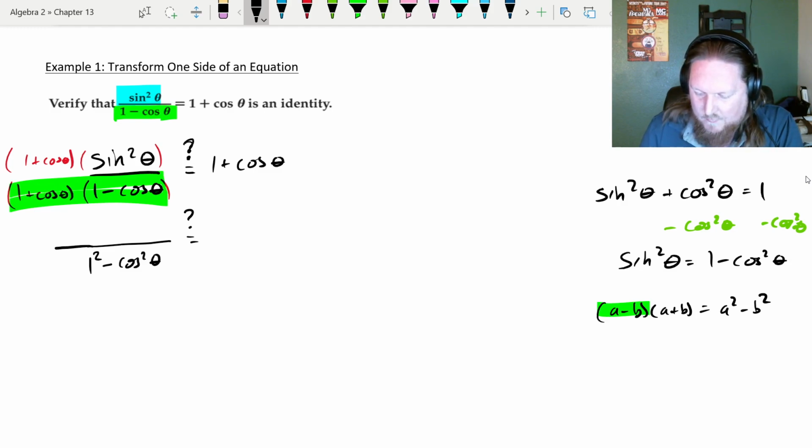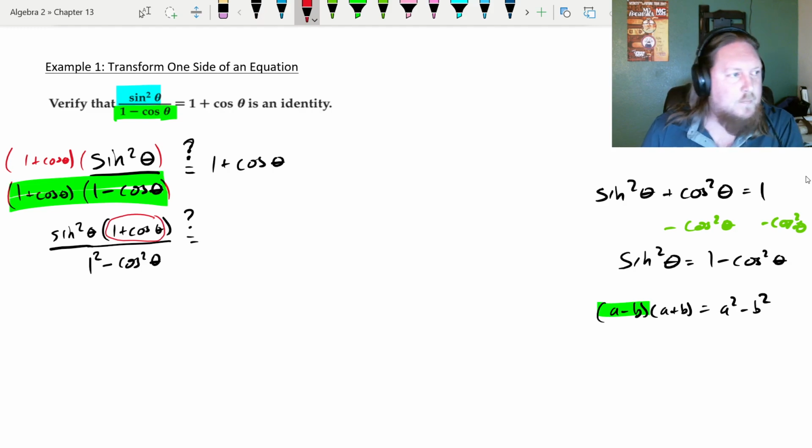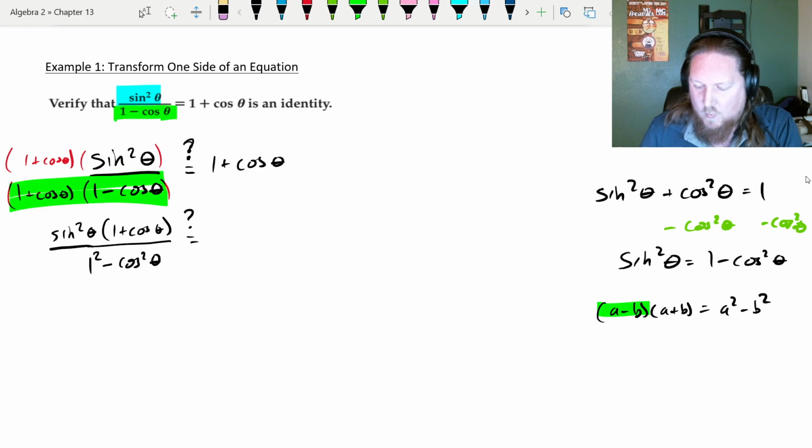I'm just going to leave that alone: sine squared theta times 1 plus cosine theta. And the reason why I want to leave it alone is that you see what you want as a result there. Since I see that pop out, I'm not going to multiply it back through, because that's what I want in my end. So if I could somehow get everything else to cancel out, I can.